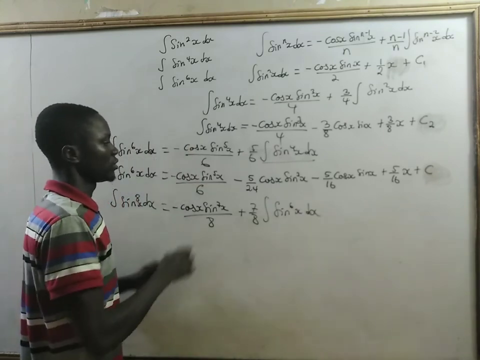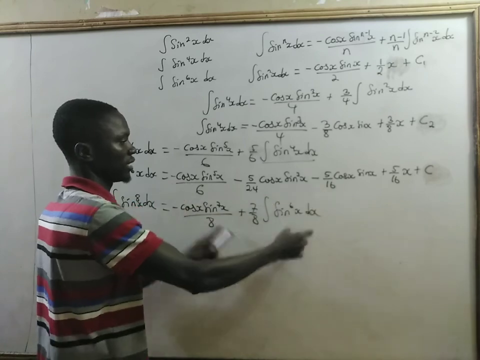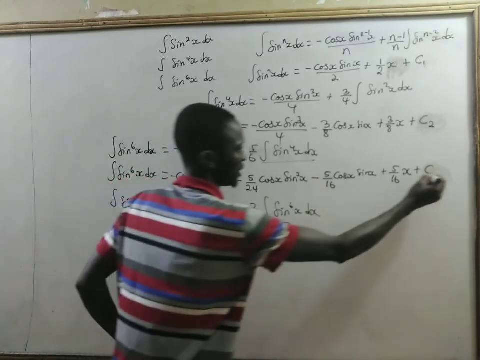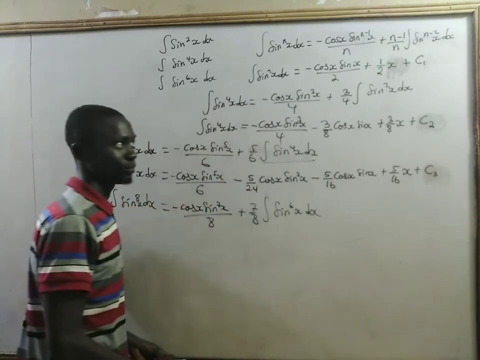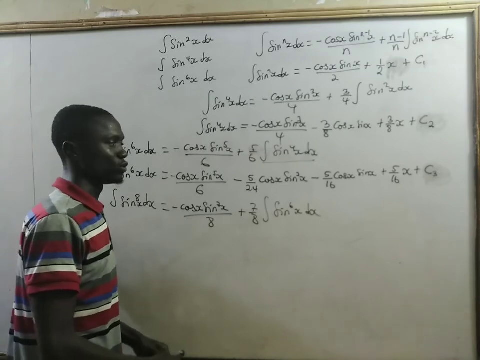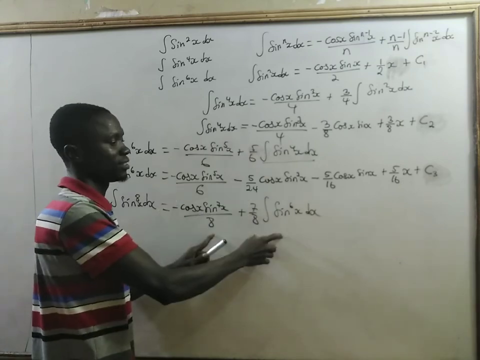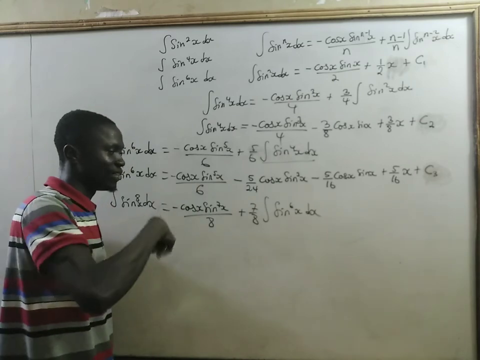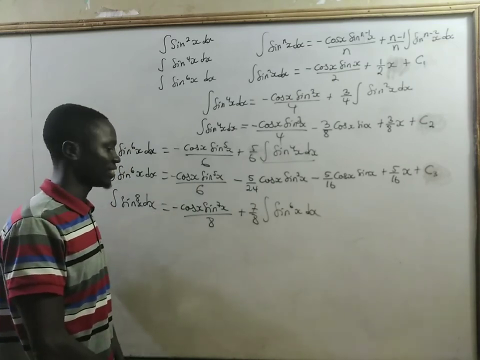Here, you put the whole of this one, and you name this constant c3, since you are going to use this to solve this. So do this one and leave your answer in the comment section.